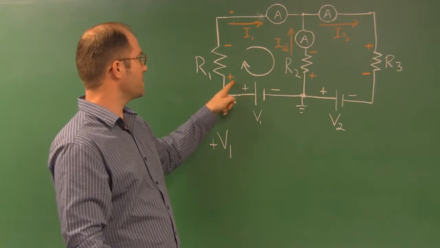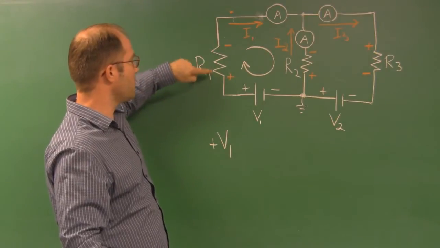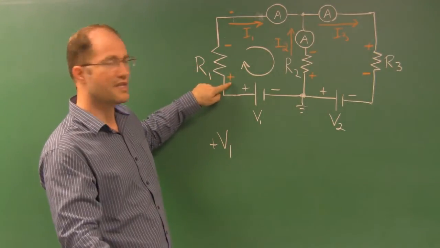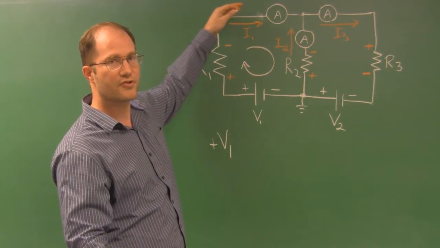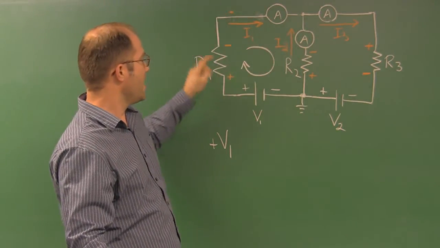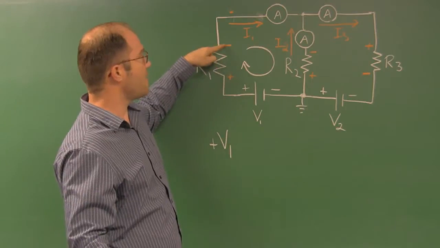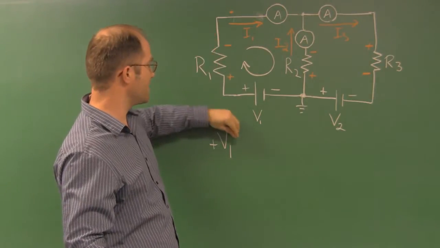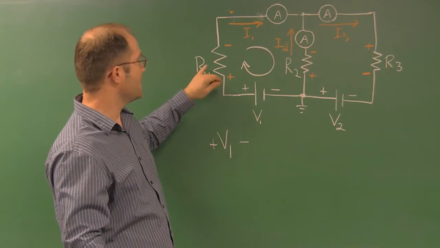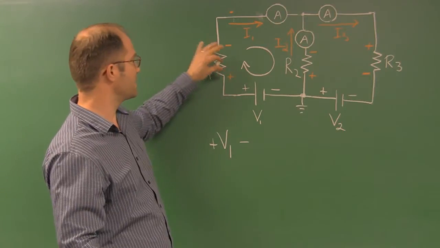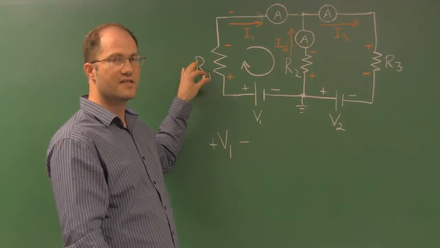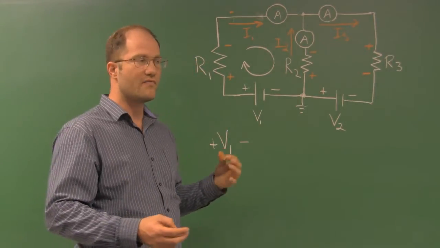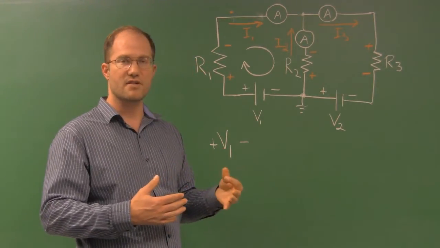And now let's get over here to this R1. Now R1 is positive here, negative there. I chose it that way because of my current direction that I arbitrarily chose. And so this is a voltage drop from positive to negative. So I'm going to say minus. I didn't measure this voltage, but I did measure the resistance. I know from Ohm's law that voltage is equal to resistance times current.